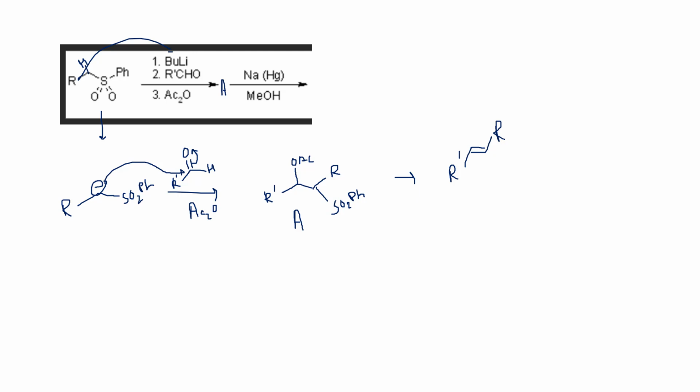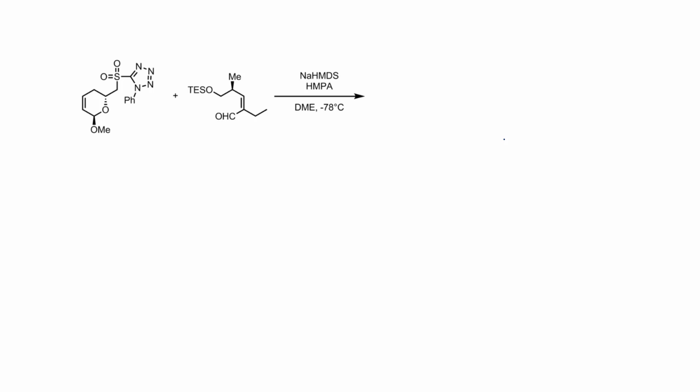Okay, it was easy. Now try to solve this one. So there is a sulfone given, and they have given a compound. So here you have to check there is an aldehyde center, and sodium HMDS is a base. In presence of base, what will happen? It will undergo a Julia olefination.